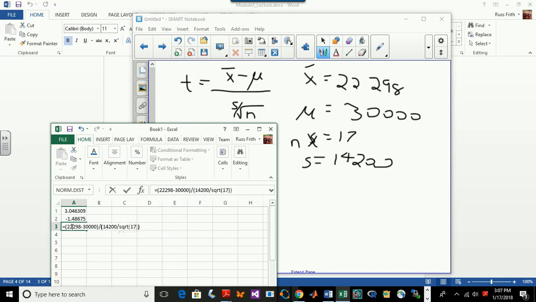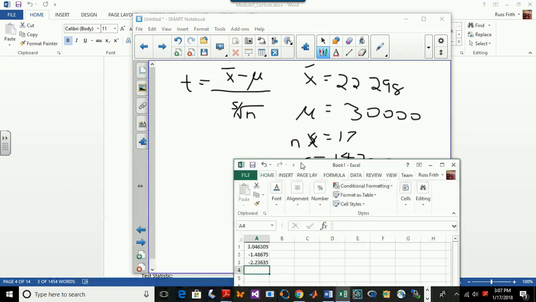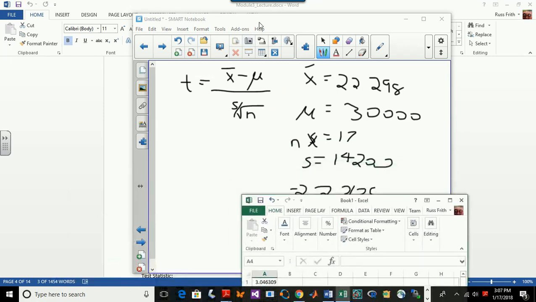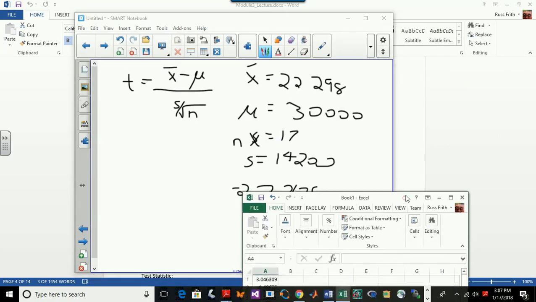Okay, that's better. That makes our test statistic negative 2.23635. So what is our alpha? This is a two-tailed test because there's a not equal sign, and alpha is equal to 0.05.